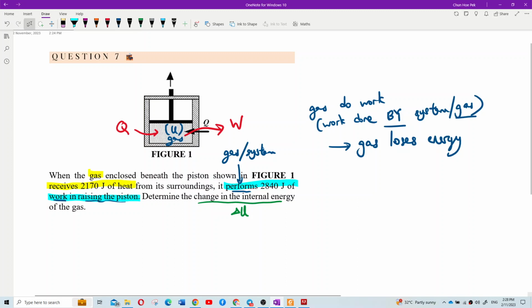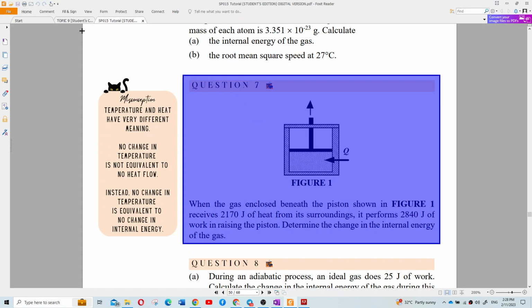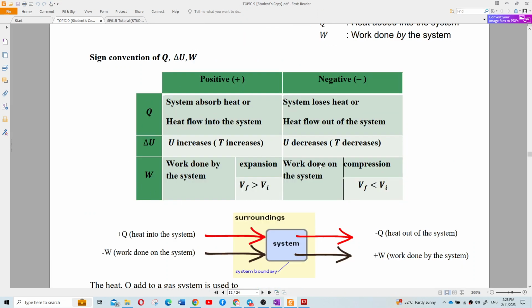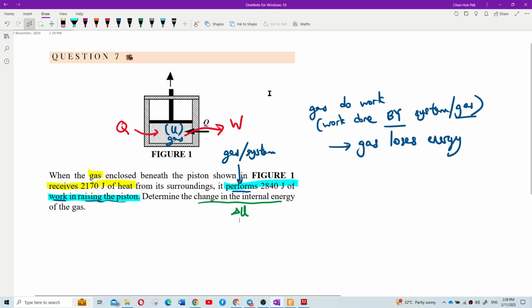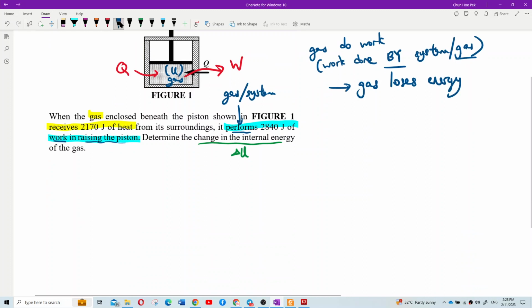Okay class, these are many concepts. So let me teach you a simple way to remember the positive and negative, if you find it difficult. Just review.